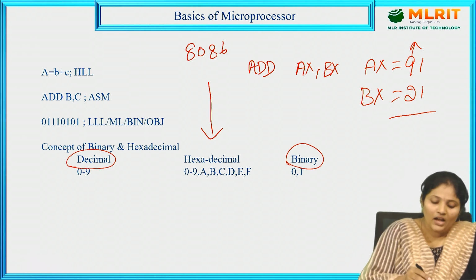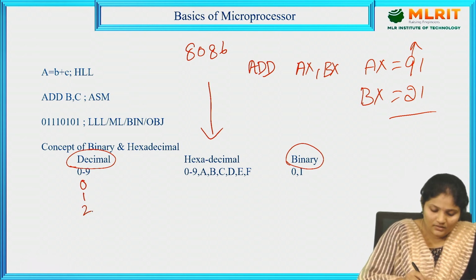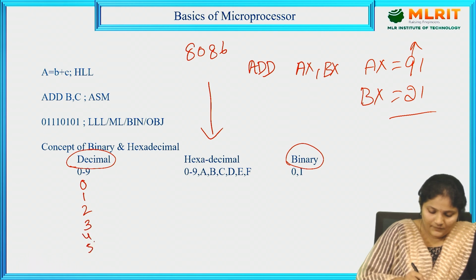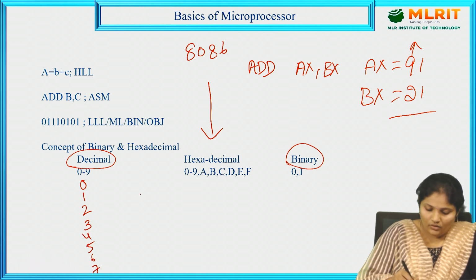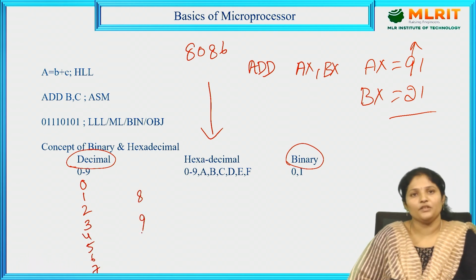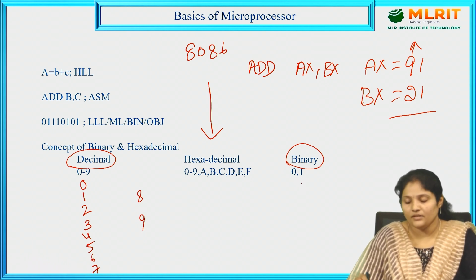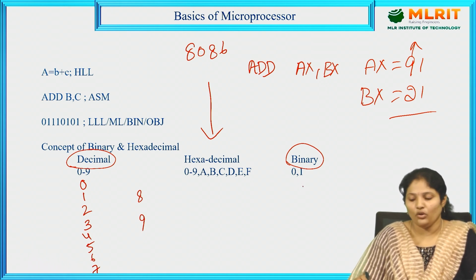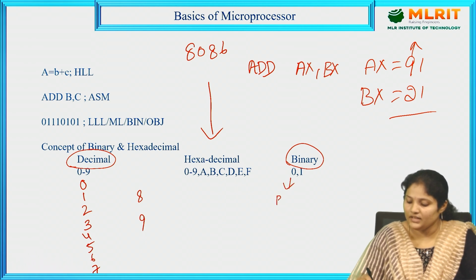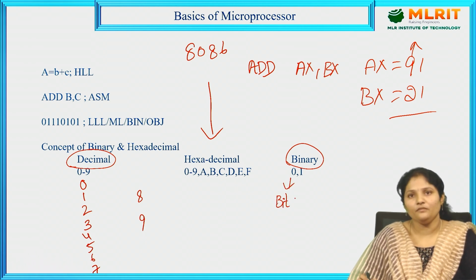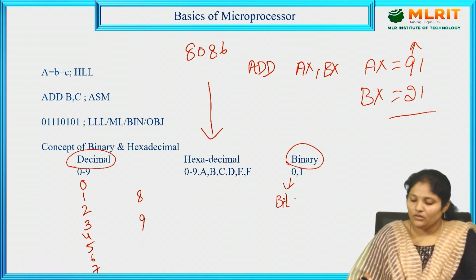Now, how will these decimal numbers be represented in binary? As I already told, the binary number system has only 2 digits, either 0 or 1, which is represented as a bit.